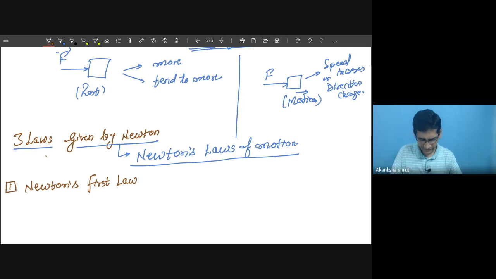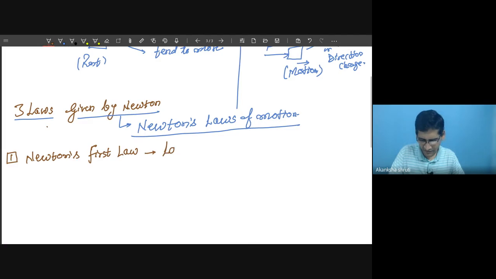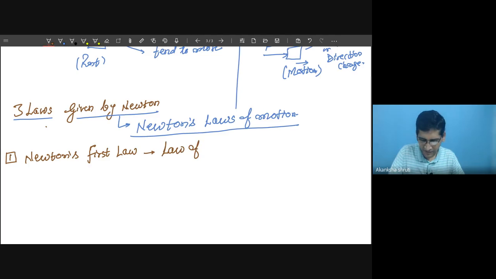Students, this Newton's first law is also called the law of inertia. Inertia is the other name of mass. Inertia is the tendency to remain in the same state. So this first law deals with inertia.